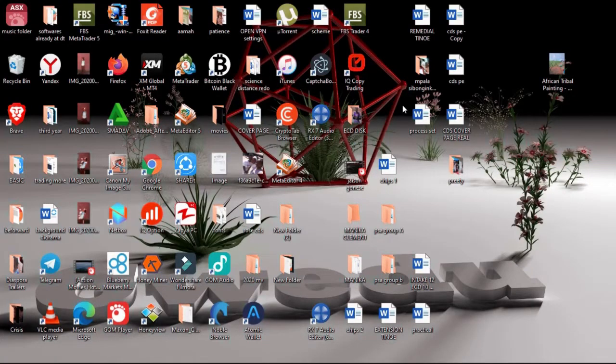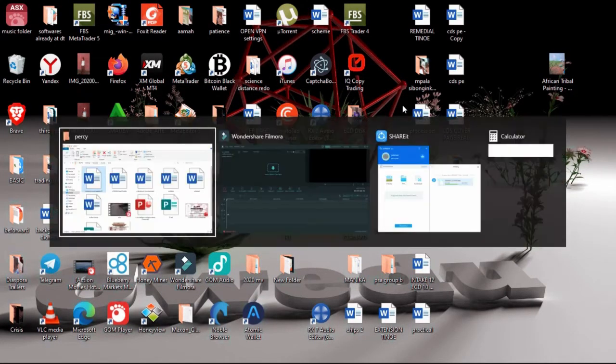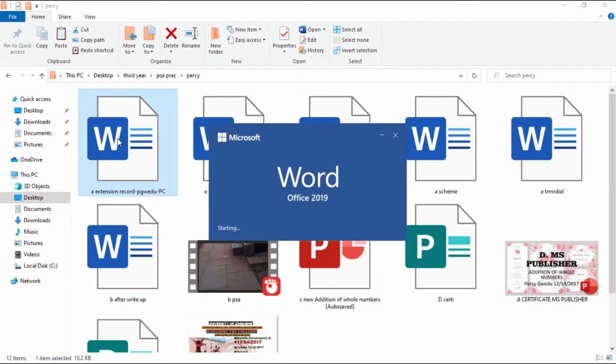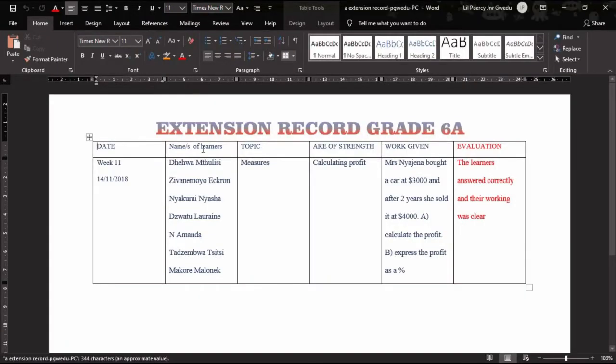Okay, so when you open my folder, it will look like this. This folder contains all the answers to the questions from A to D. So you are going to open on A, the extension record, first. Okay, so this is my extension record.